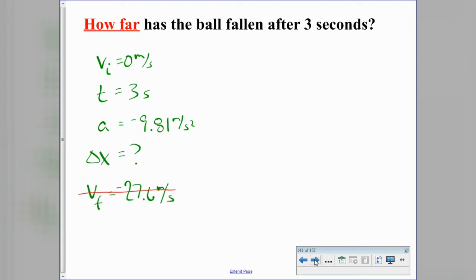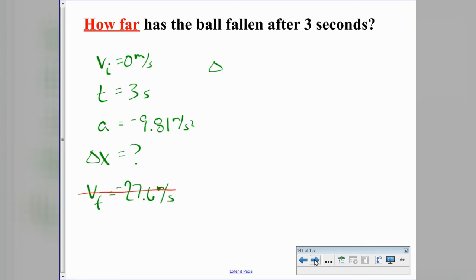If you didn't get that answer correct, then it's going to mess up the answer for this problem. We can solve it without that information. We don't really even need the answer from the last problem. We just have to choose the right kinematic equation.